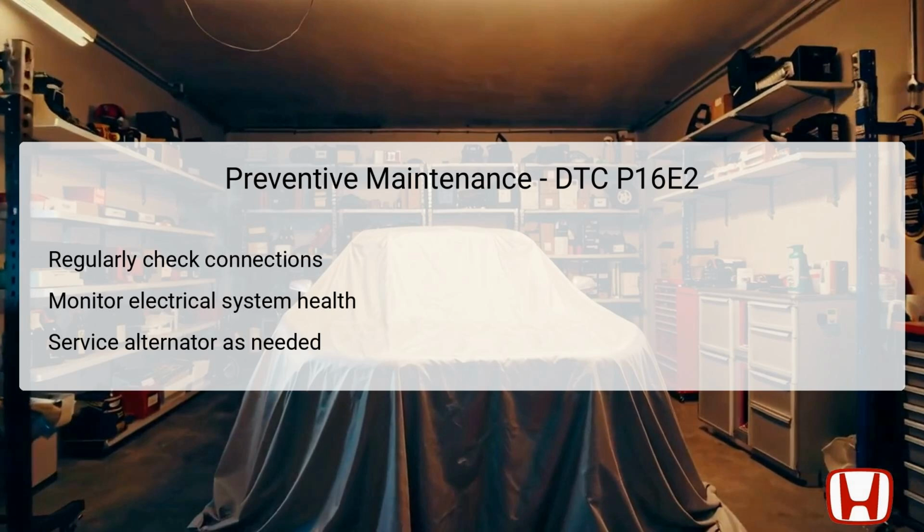Monitoring the overall health of the electrical system, including the battery, alternator, and LIN components, can identify potential problems early before they escalate. It is also advisable to service the alternator periodically to ensure it operates efficiently and that its wiring remains in good condition. By implementing these maintenance strategies, the likelihood of encountering communication errors can be significantly reduced.